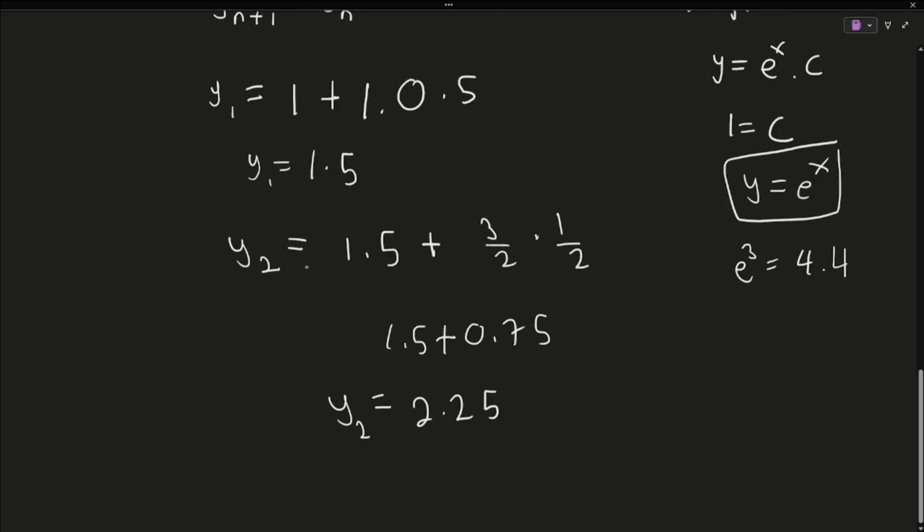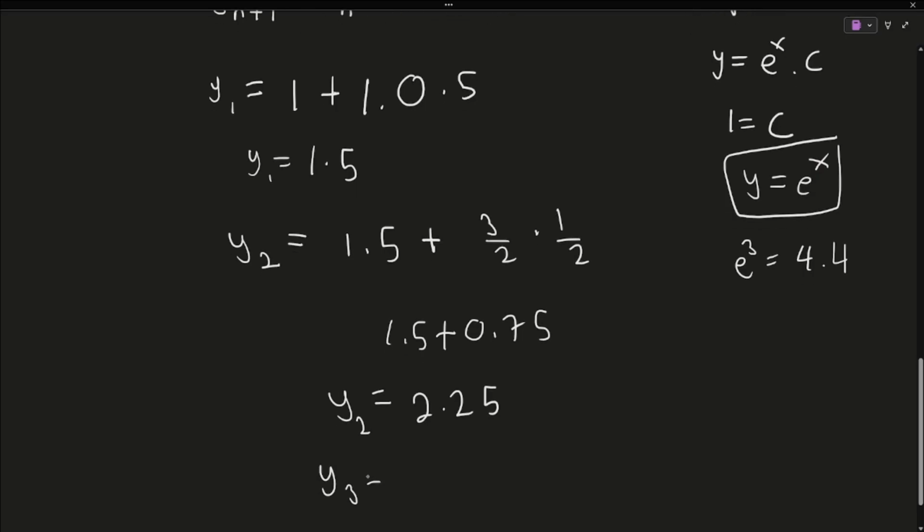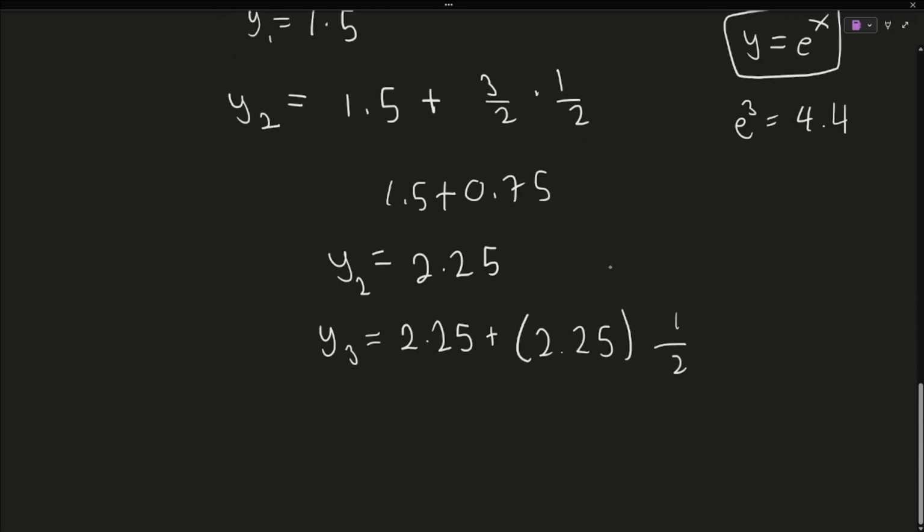And our third and last solution will be y3 equals y2, which is 2.25, plus our slope at that point, and it's still 2.25, multiplied with 1 over 2. Okay, so how can we express 2.25? 1 over 4 plus 2 will be that.